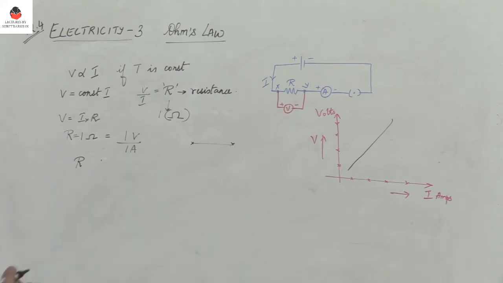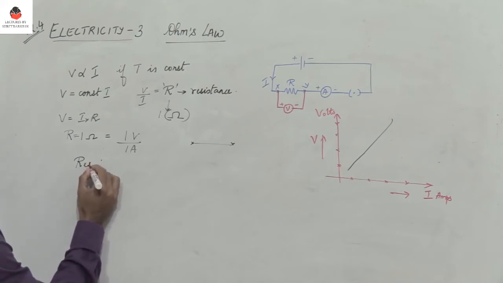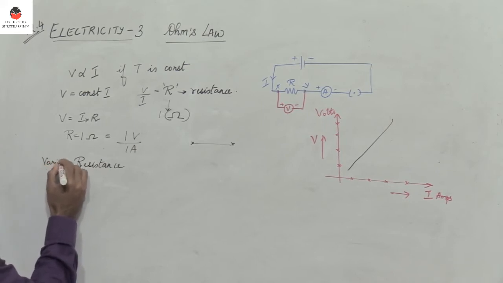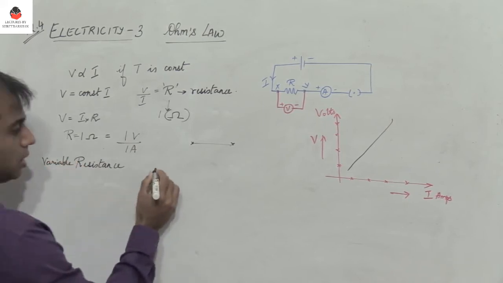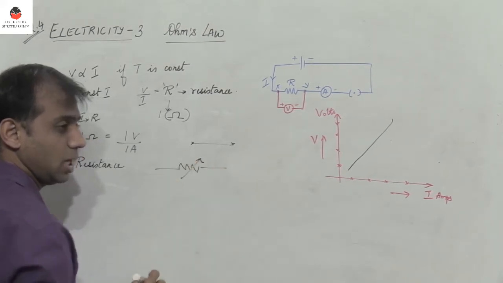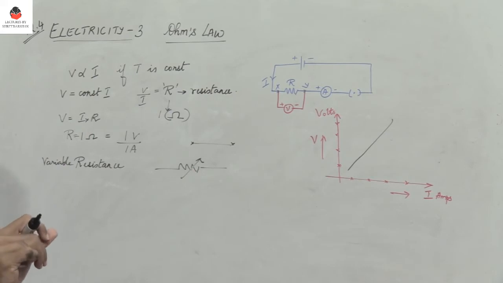But if I use a variable resistance, so we have seen that in the previous video, a variable resistance or a rheostat is a device where the resistance can be varied.